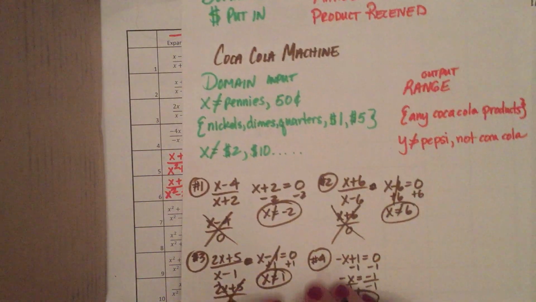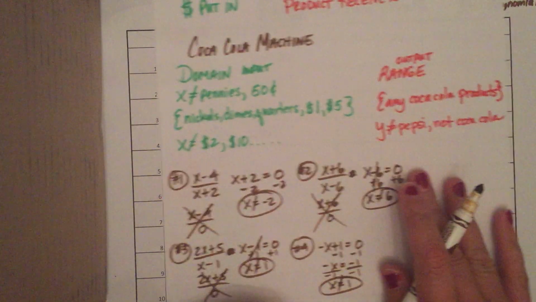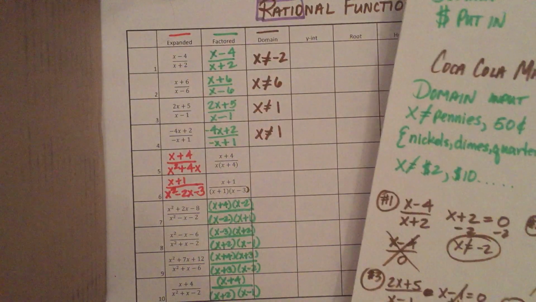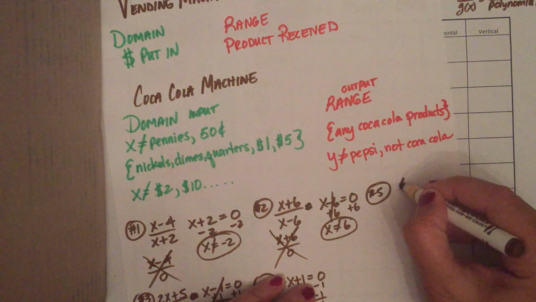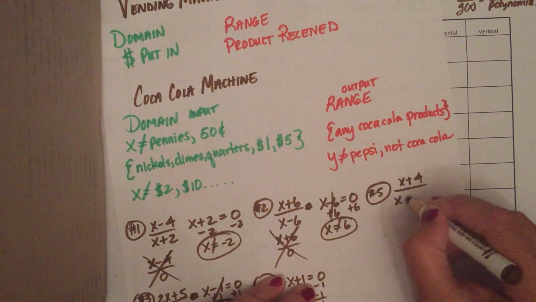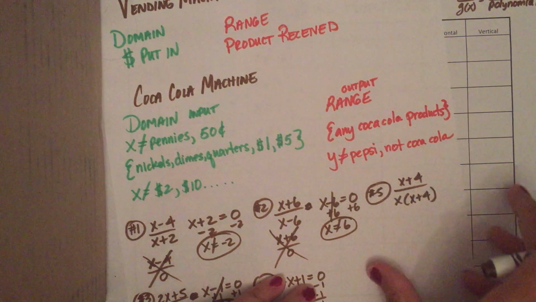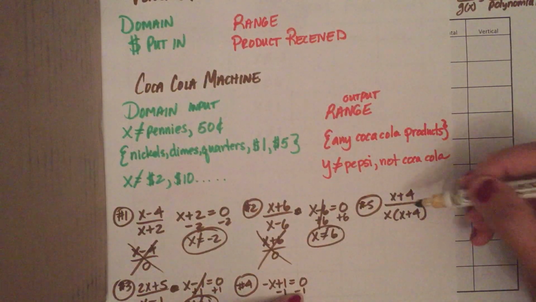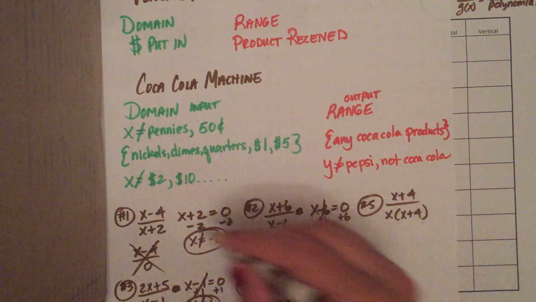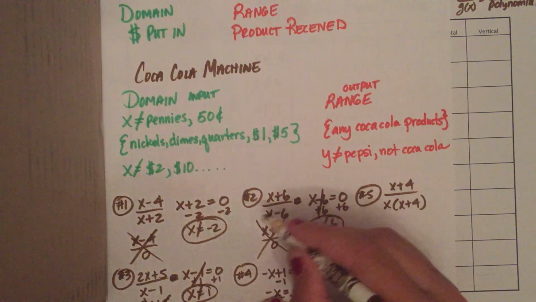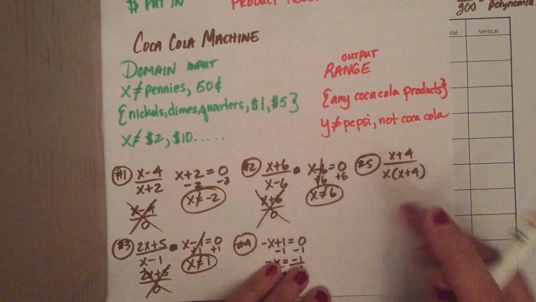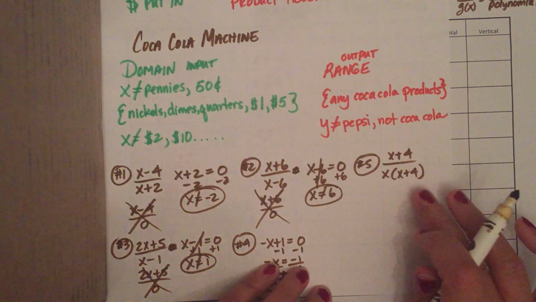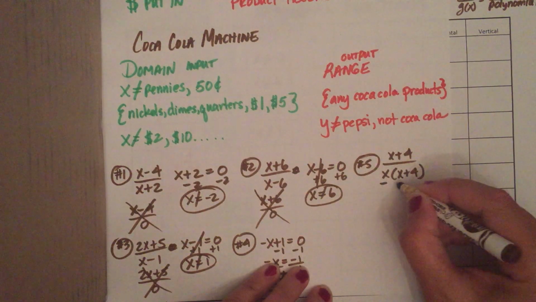Number 5 is a little bit different. So I'm going to move the paper over here. We'll do number 5. And number 5 is x plus 4 over x times x plus 4, I believe. Yes. Okay. So when you look at this one, there's a difference. Notice how all of these had a single factor in the denominator. This one has 2 factors, which means there's going to be 2 restrictions. So I've got 2 separate factors.